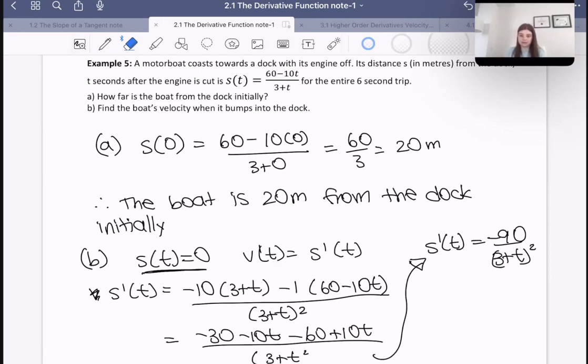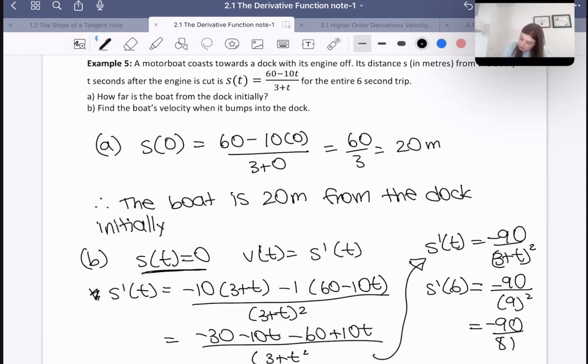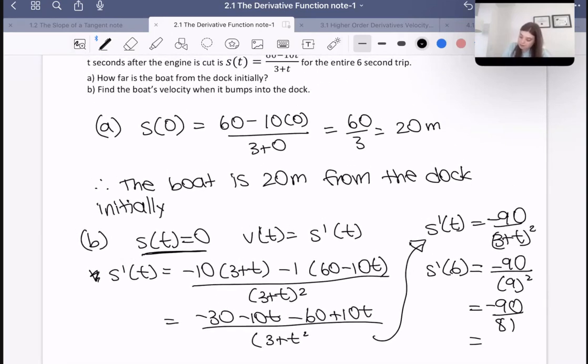So s prime of 6 is equal to negative 90 over 9 squared, which is negative 90 over 81, which is about negative 1.11 meters per second. So therefore, the velocity of the boat when it bumps into the dock is about 1.11 meters per second.